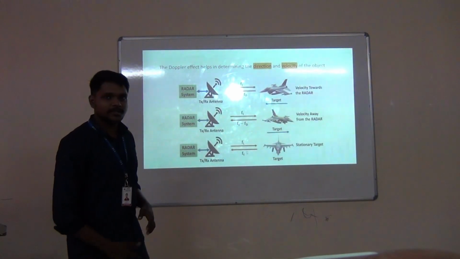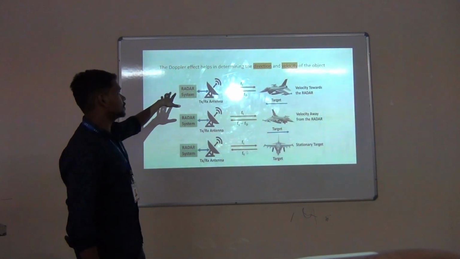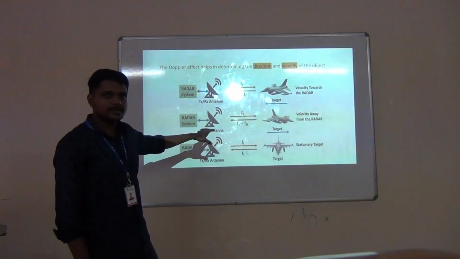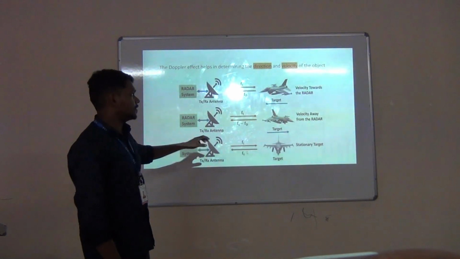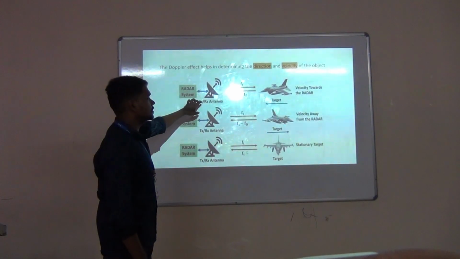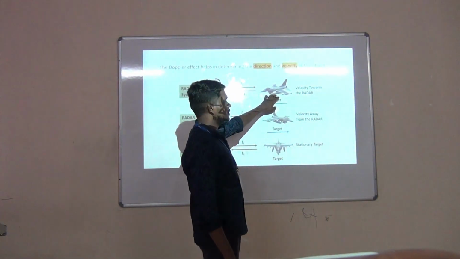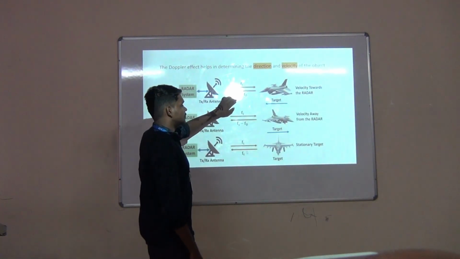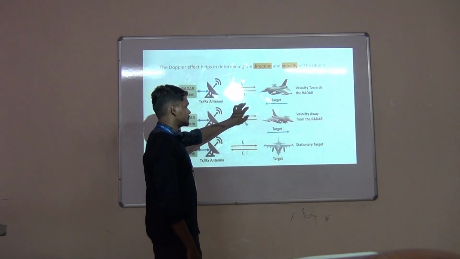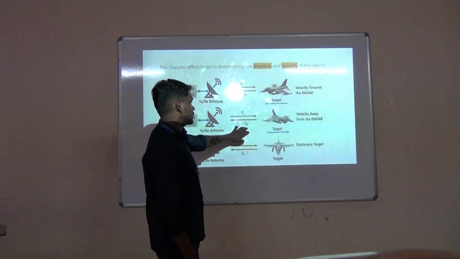This part refers to the Doppler effect and how it measures direction and velocity. As the antenna transmits the frequency, if the object is moving towards the antenna, then the frequency increases. If the object moves away from the antenna, the frequency decreases.